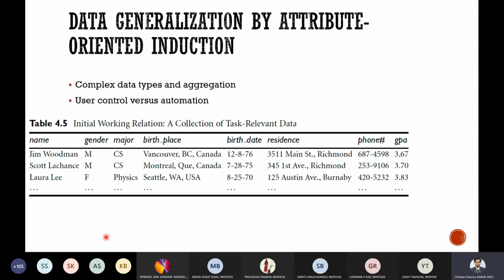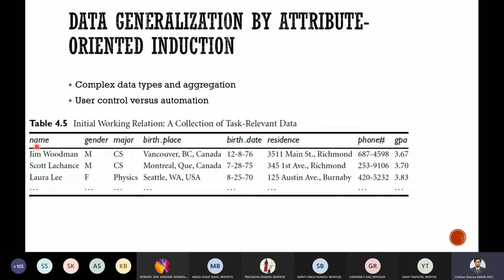The major thing is one example they have given. Let's see how to infer this particular figure. In this figure, the first attribute is name.